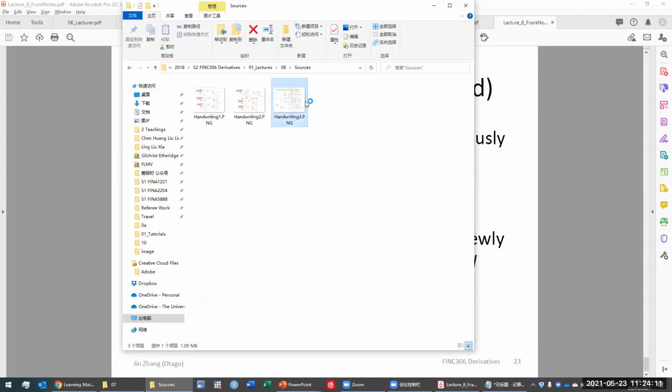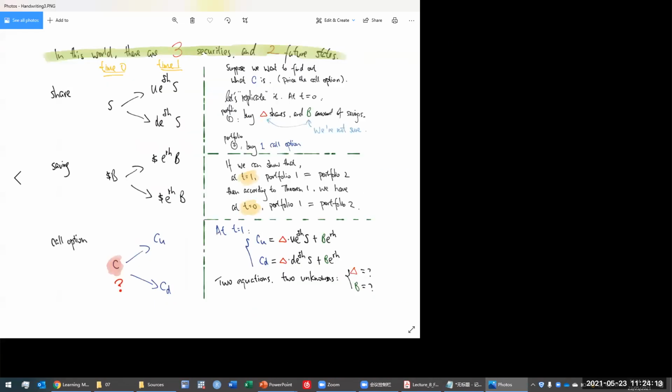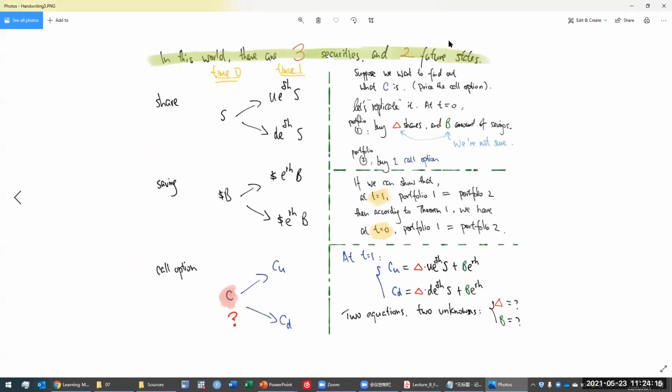My handwriting. All right, can you see the handwriting? Yeah. So again, am I sharing that? Oh, there we go, I'm sharing it.